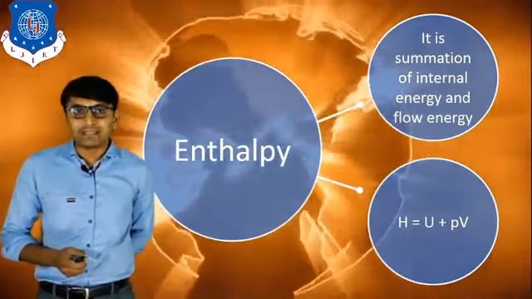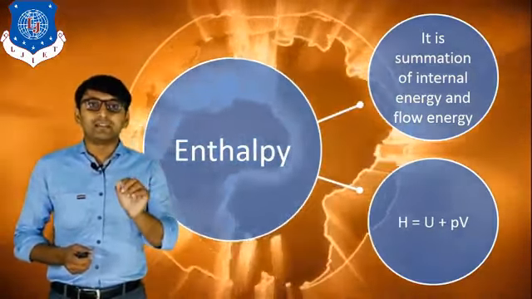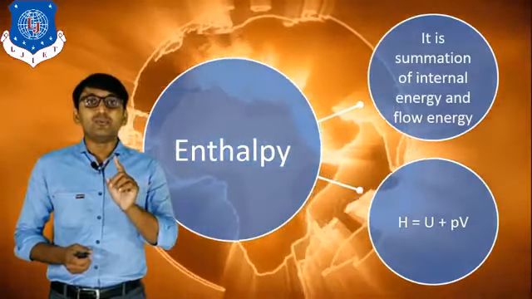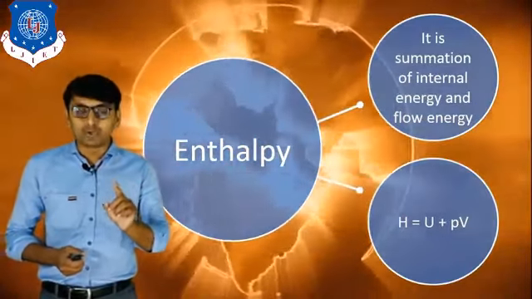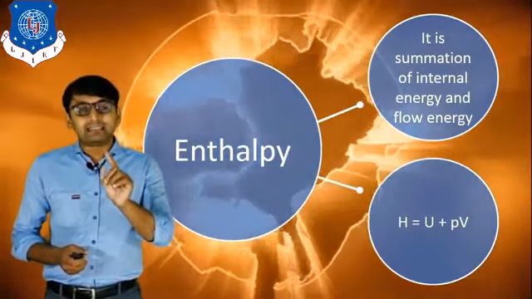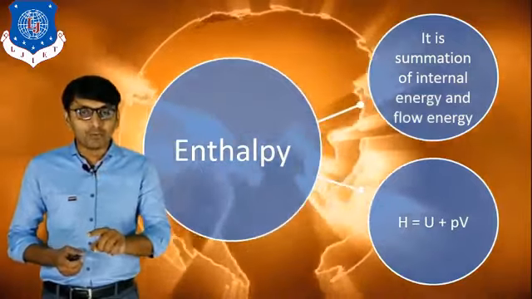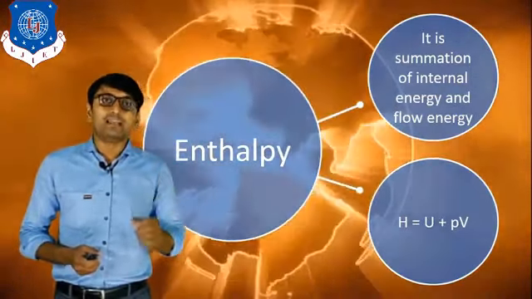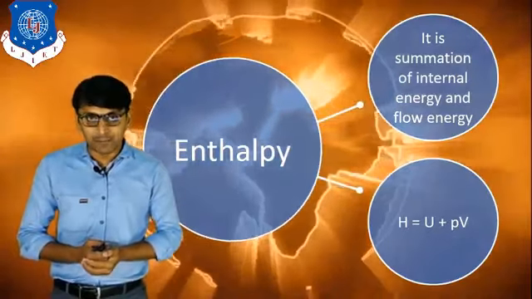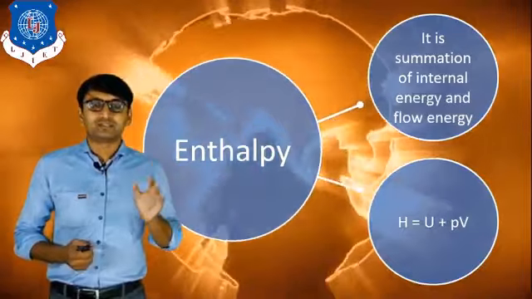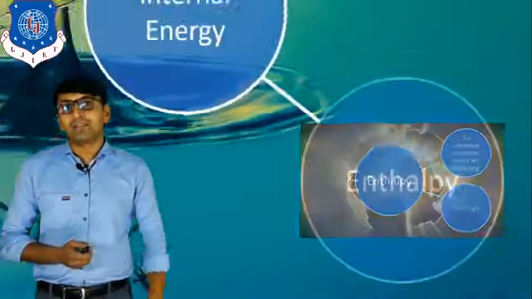The unit of enthalpy is kilojoule, and if we divide enthalpy per unit mass, then it is specific enthalpy, and the unit of specific enthalpy is kilojoule per kg. So this is about enthalpy.